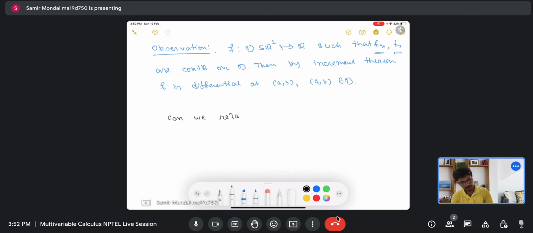Can we relax one of the conditions, so that one partial derivative is continuous and the other may or may not be? The answer is yes.